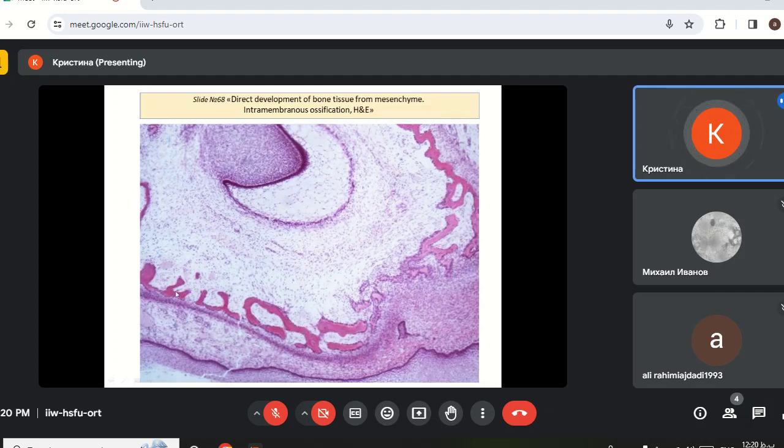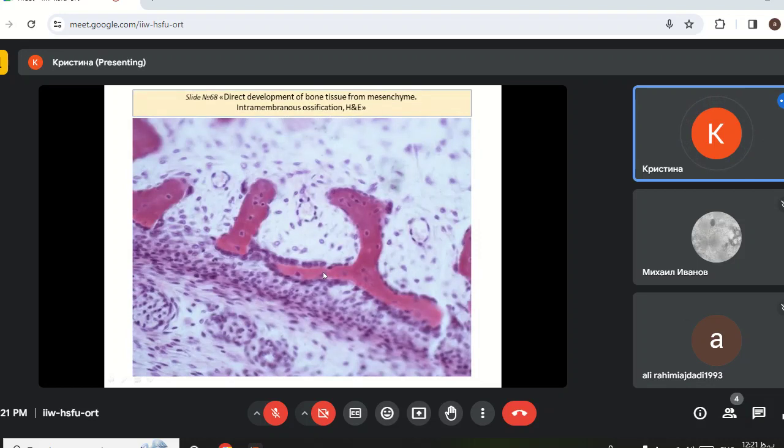We need this area where we see the pink in color bone trabeculae or bone spiculae. They are all covered with osteoblasts, and in some areas we should look for osteoclasts, which are larger. Everything which surrounds it, small cells with processes at white background, this is the mesenchyme.